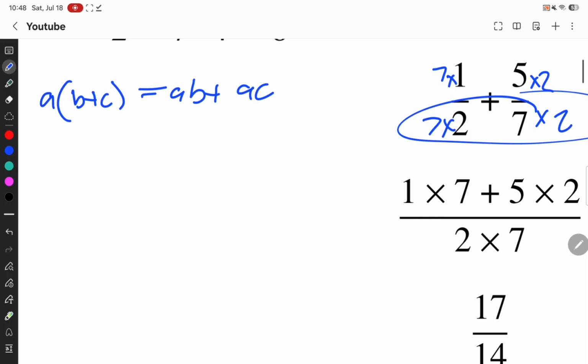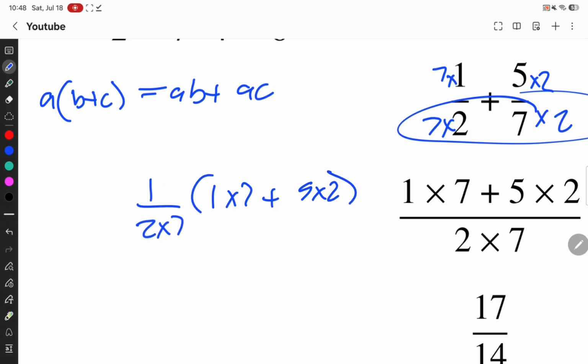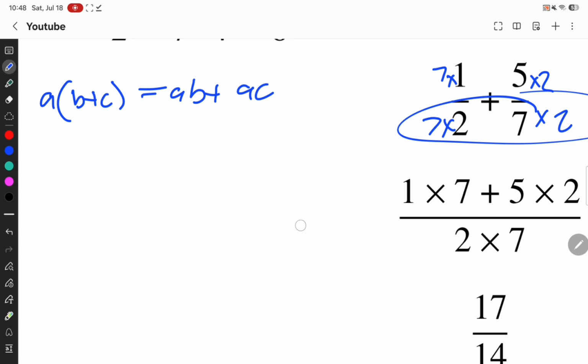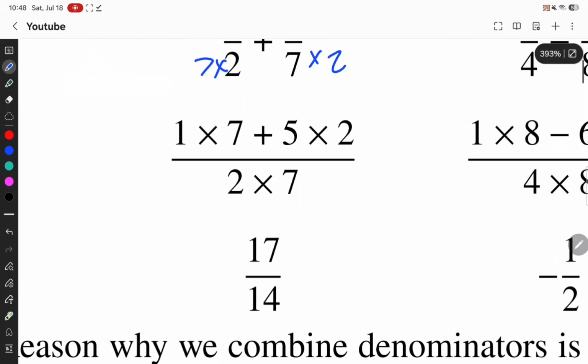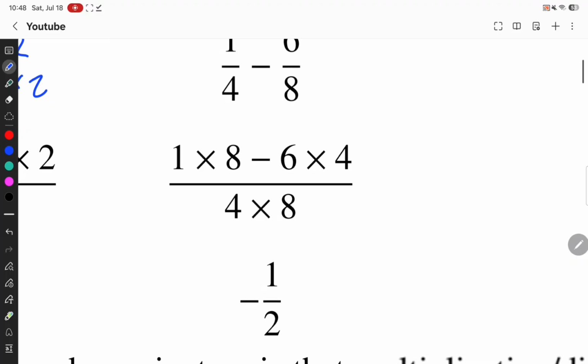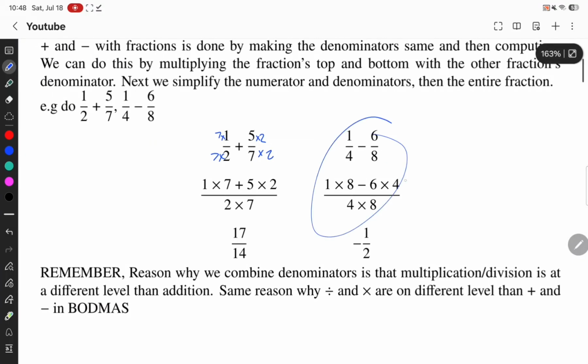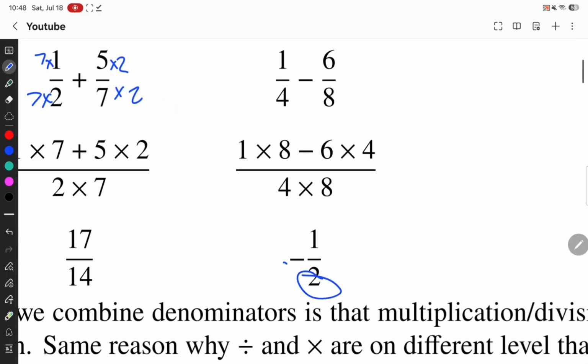We just group the terms together like so, like 1 times 7 plus 5 times 2, and go under one denominator. This is how we combine fractions. Then we just evaluate top and bottom, like nothing happened.